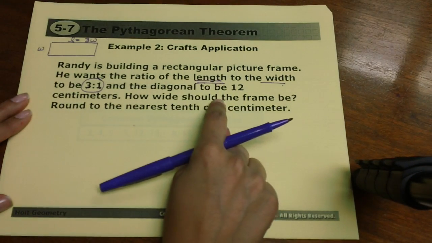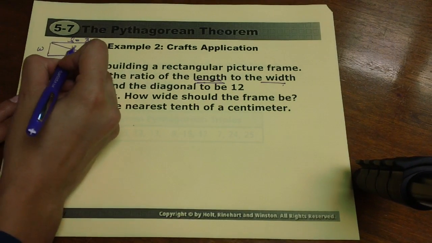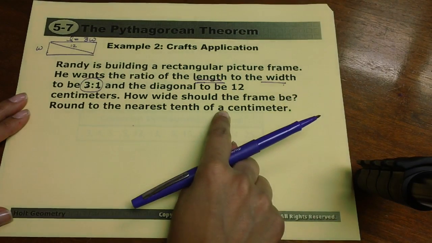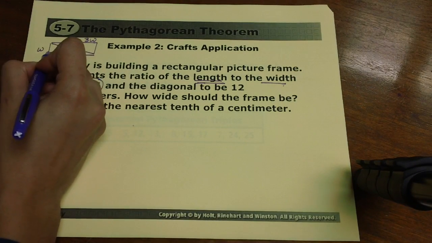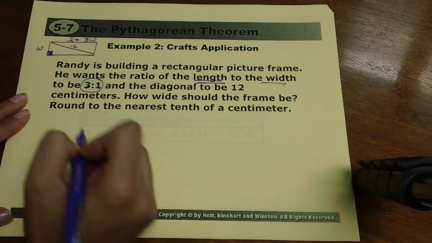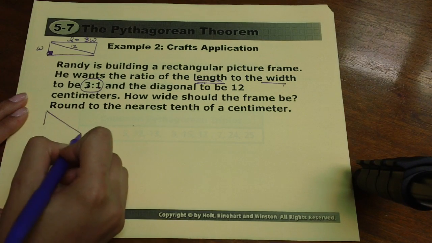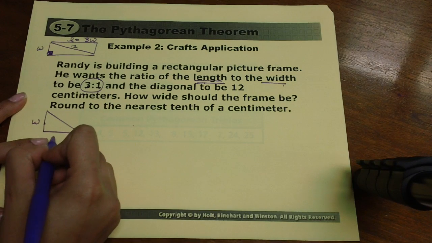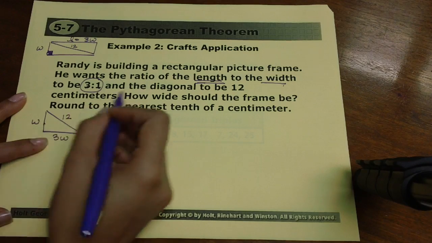It says the diagonal is 12. So that's my diagonal. How wide should the frame be? And they want you to round to the nearest centimeter. Since this is a frame and it's going to be a 90-degree angle in the corner, I have this triangle that I'm working with, where I have my width, my length, we already decided was 3W, and then my hypotenuse is 12.